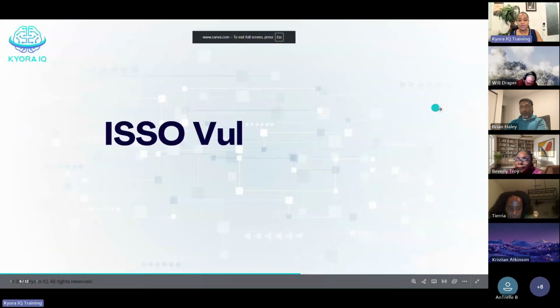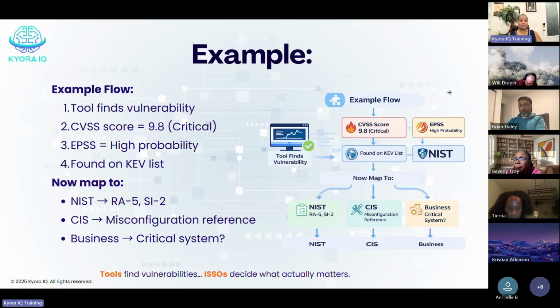So that's your vulnerability risk calculator, and then the example. We just walked through a couple of scenarios, so the example is pretty clear. The flow is: the tool finds a vulnerability. You have your CVSS score, your EPSS score, and whether it's found on the KEV list.